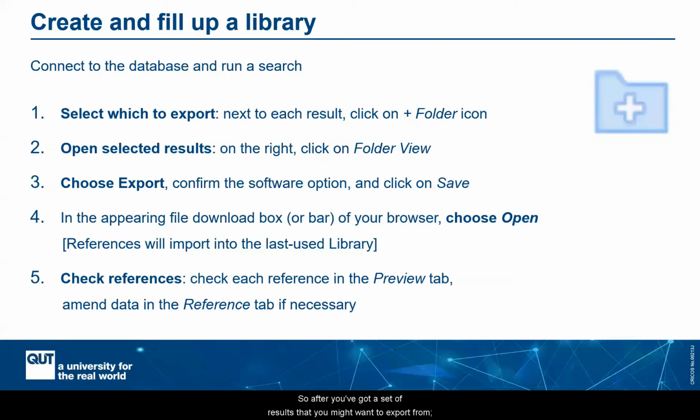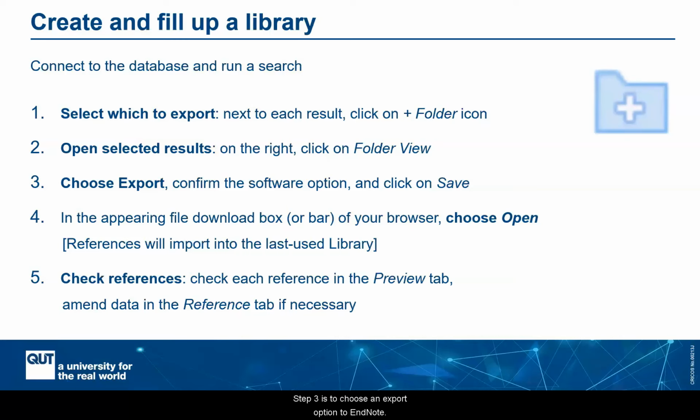So after you've got a set of results that you might want to export from, step one is select what you want to export from your search results. Step two, in EBSCOhost, you'll often need to open your pre-selected results, because that will allow you to choose an export to EndNote option.